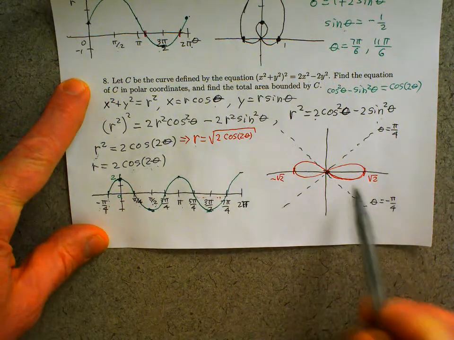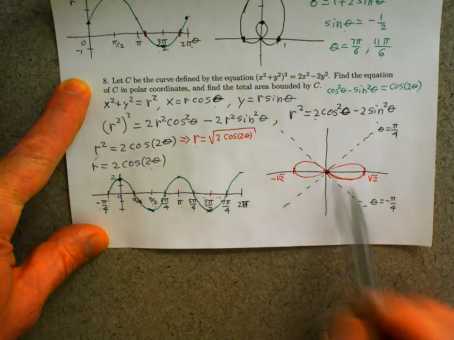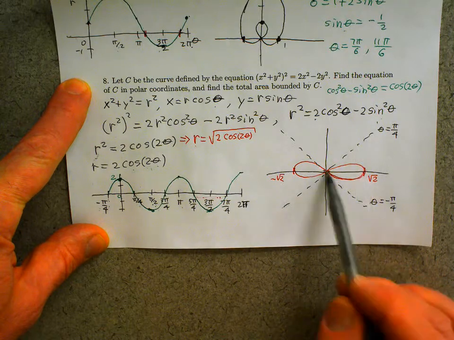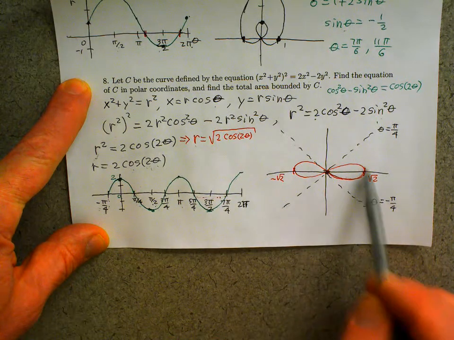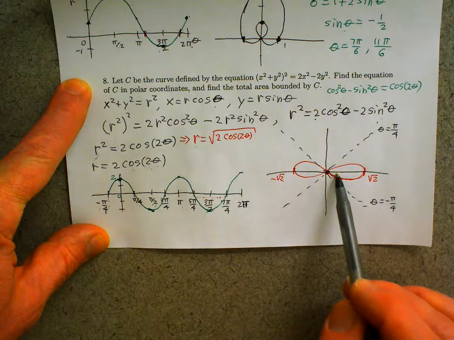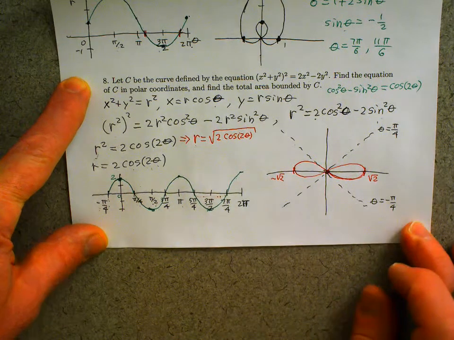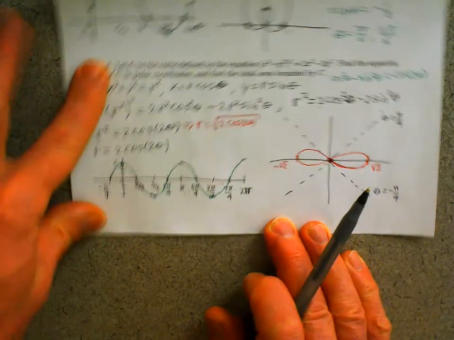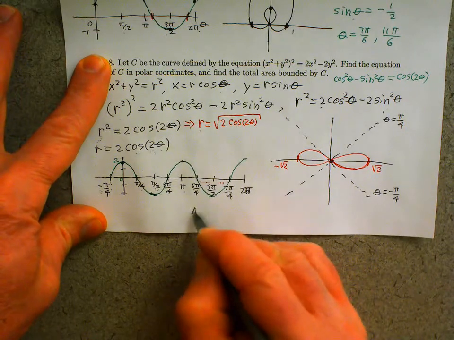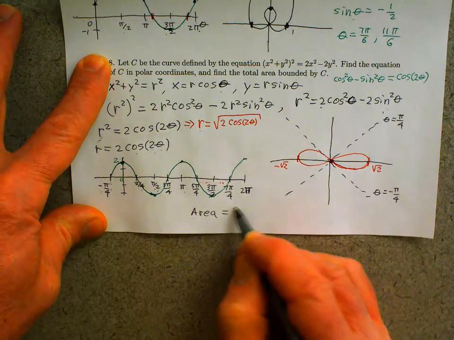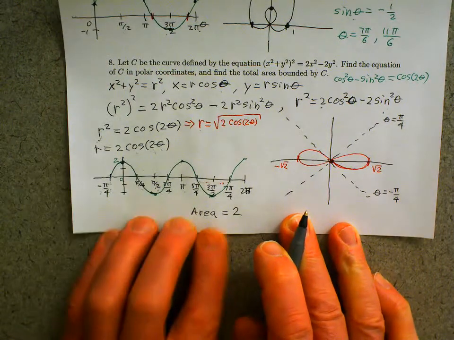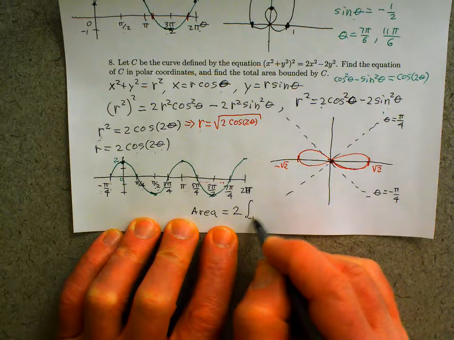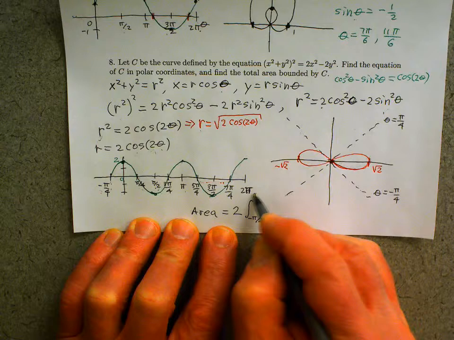So if we just use one integral from theta equals negative pi over 4 to pi over 4 and find the area of this loop, and then multiply that by 2, that will give us the total enclosed area. Okay, so the total area, we have 2 times the integral from negative pi over 4 to pi over 4.